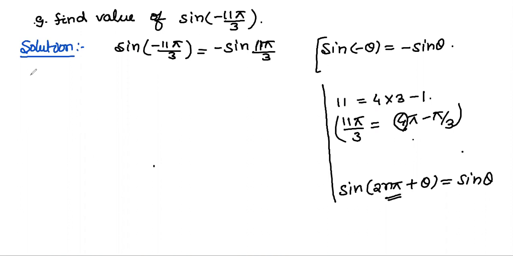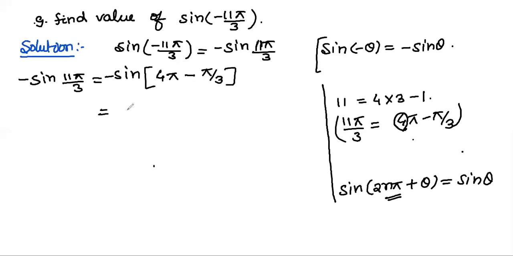So I'm writing minus sine 11 pi by 3 equals minus sine of 4 pi minus pi by 3. So minus sine of 4 pi plus minus pi by 3, because we know that sine of 2n pi plus theta equals sine theta. So 2n pi is here plus theta. This whole is theta, so we can apply it. Minus sine, theta is here minus pi by 3.